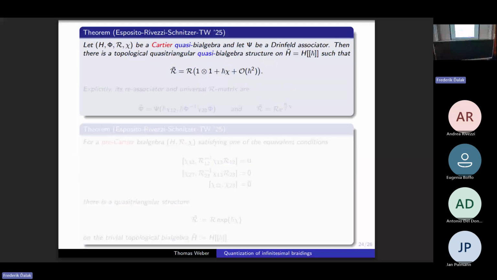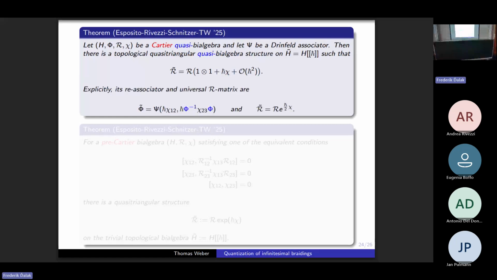And yeah, the same theorems that we had on the two slides before also hold on the algebra level. And there, if you start with a Cartier quasi-bialgebra and you take any Drinfeld associator, you get a topological quasi-triangular quasi-bialgebra over power series, where you can get your R tilde that you see in zeroth order is R, in first order is R times chi, and then it has higher orders.